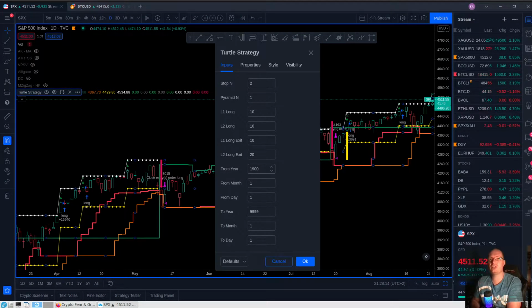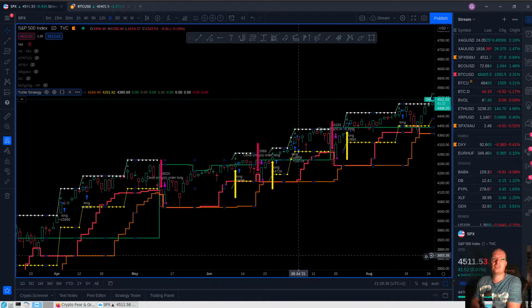So from here, unfortunately, he doesn't allow to go lower than the year 1900, because the SPX dates back from 1870, I believe. Okay, anyway. So these are the settings that I found which are the best for the SPX.